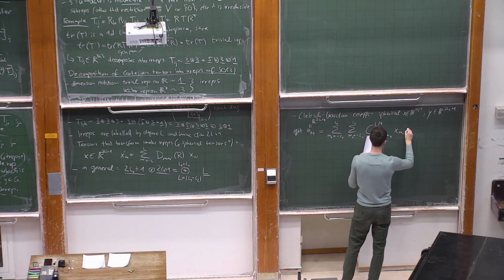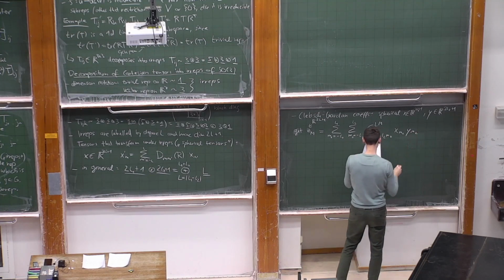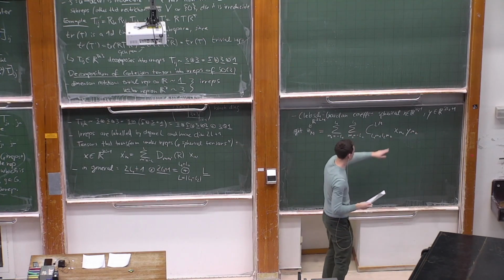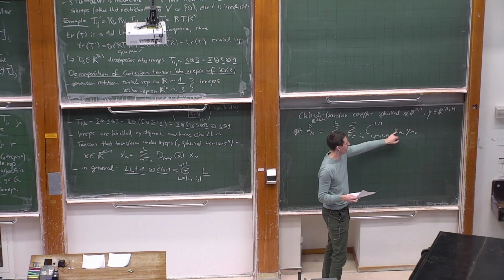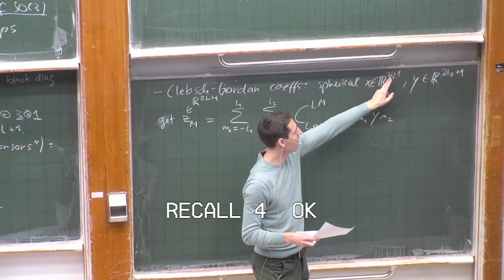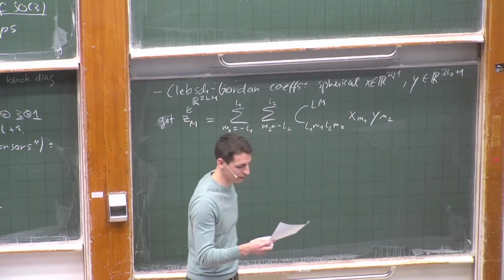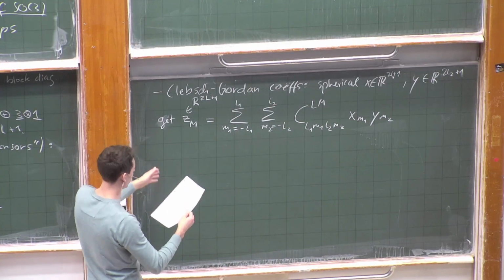So we take the following contraction. This here would be the M1th component of the spherical tensor X, which lives in the 2L1 plus one-dimensional Euclidean space. Yeah, and this is the general rule.